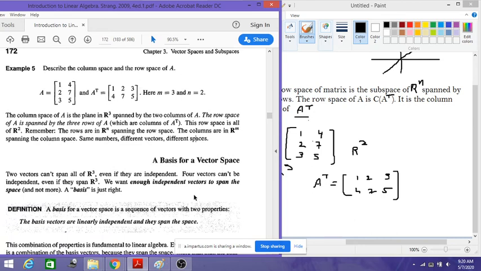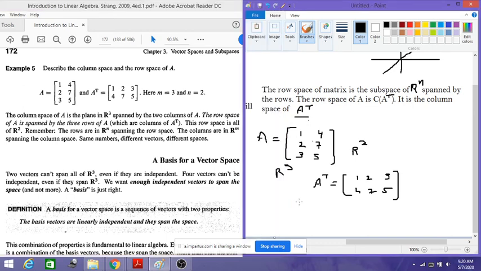Okay, so let's quickly take the few points here. The rows are in R power n, spanning the row space, and the columns are in R power m, spanning the column space. This is a very important point when we talk about vector spaces and subspaces.